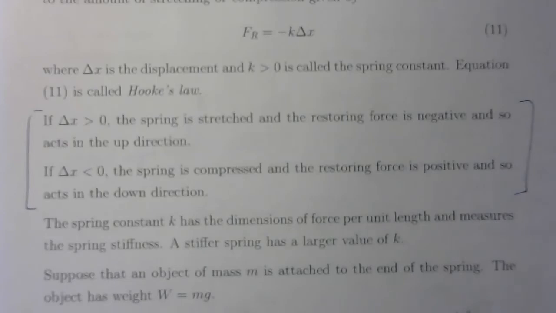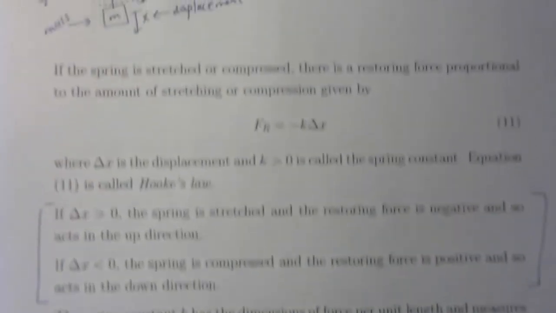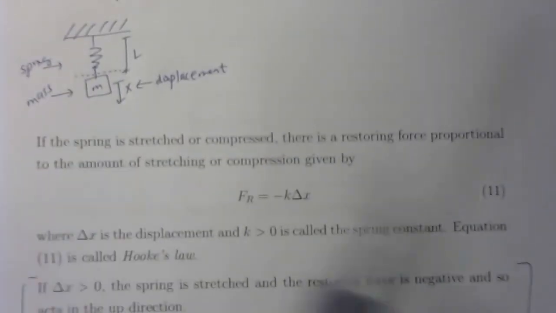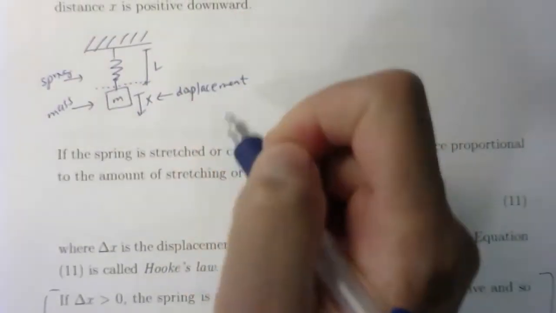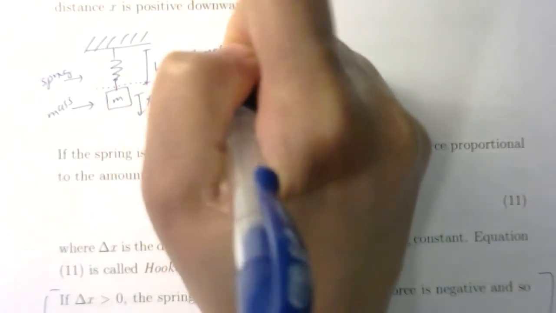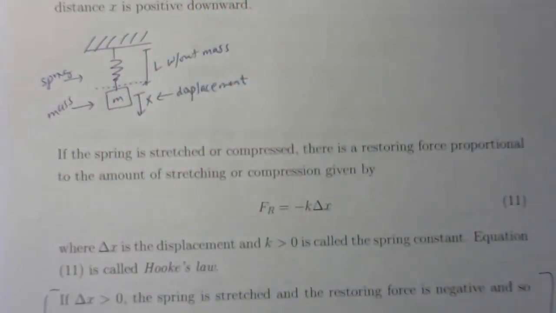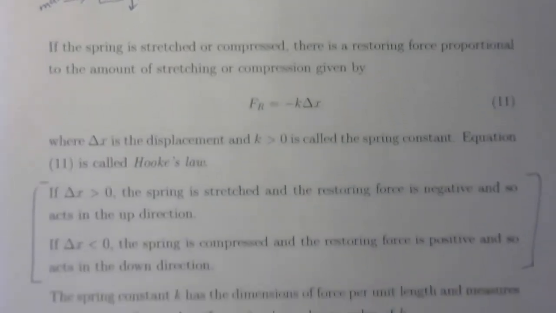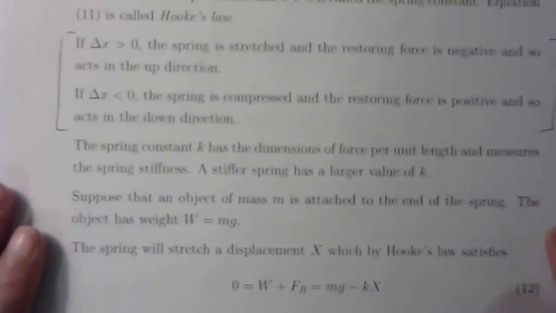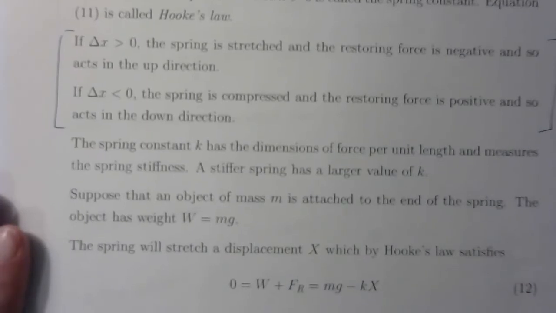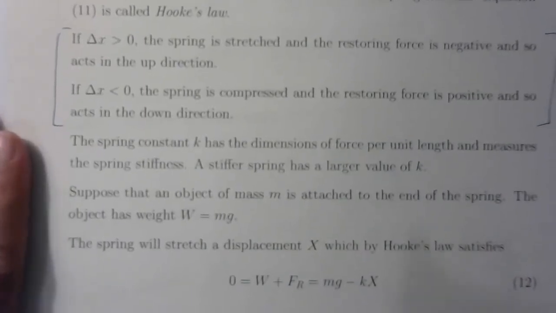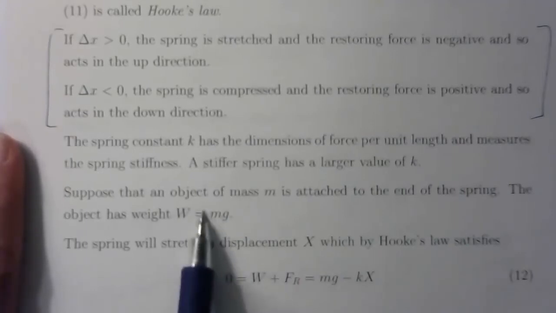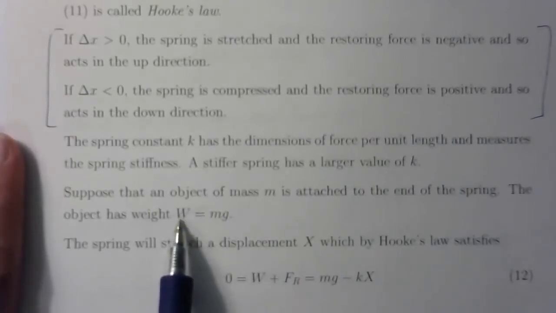Okay, so now we're going to add the mass. Let's go back to our picture. Now we have the mass hanging on the end of the spring. And so this is L without mass. Now, when we put the mass on, the spring gets stretched and starts to hang down. So how far does it hang? Well, that's going to depend on the weight, or the mass M, sorry, of the mass, and gravity g.